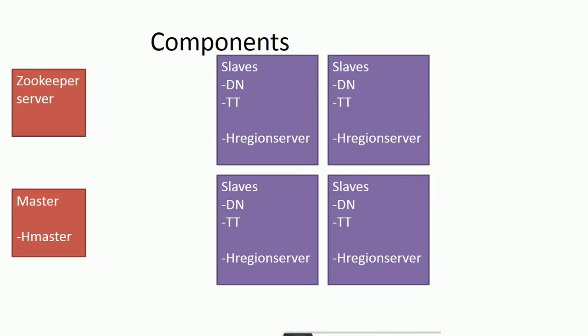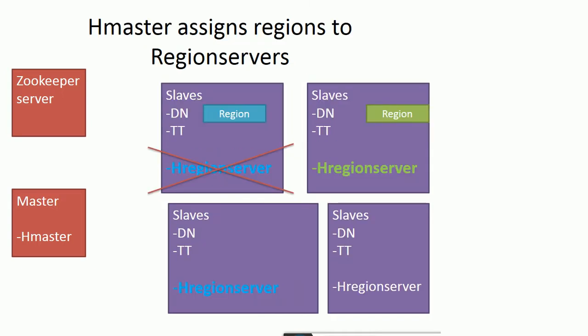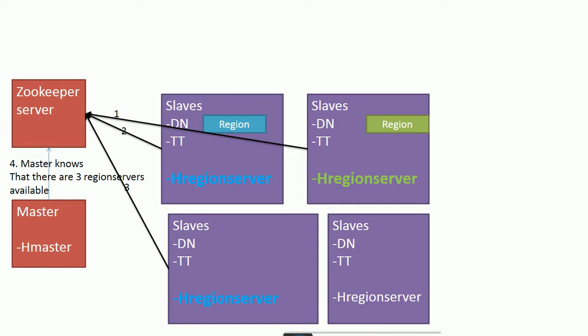Yes, so this is how we have Zookeeper server, we have HMaster, and we have HRegion servers. So Zookeeper server is the one who provides coordination service. And how does it provide? It provides this way: if there is one HRegion server which is up and running, a ping or a heartbeat is sent to Zookeeper server, and Zookeeper server will create a Znode for it.